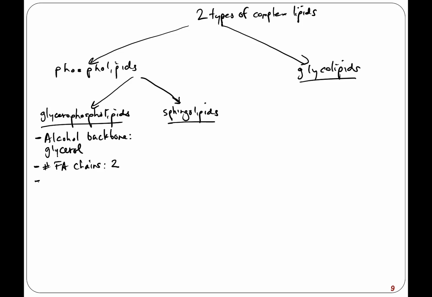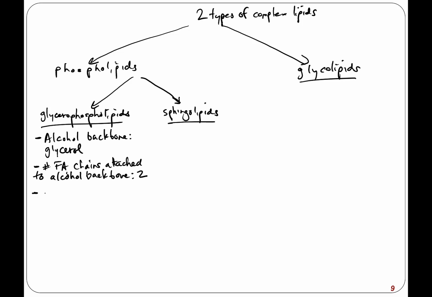And then there's also a phosphate group. Actually, let me do this: number of fatty acid chains attached to the alcohol backbone, just to be a little more descriptive. There are 2 of them.